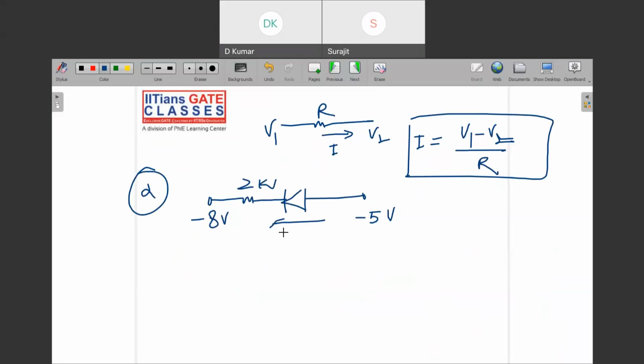Current should flow in the direction of the diode only, from P to N, right? Yes, sir, the diode is on, because this potential is greater. So here again I will be minus 5 plus 8 upon 2K, and the answer will be the same, 1.5 milliampere.